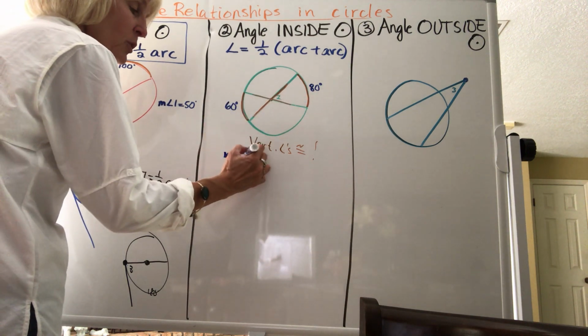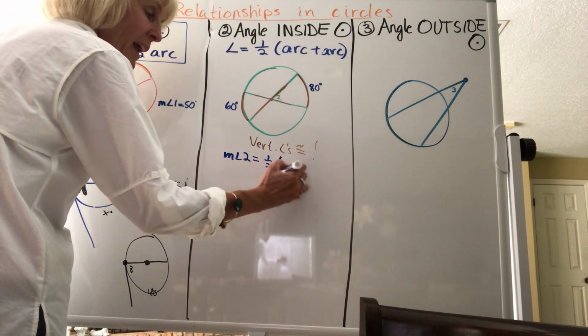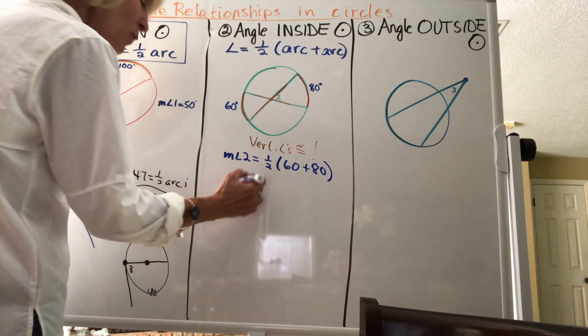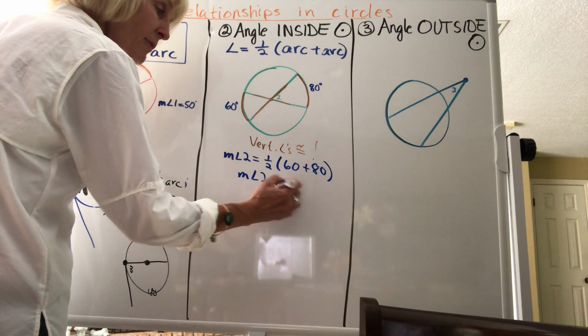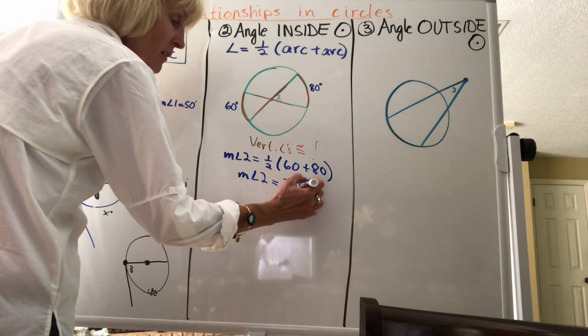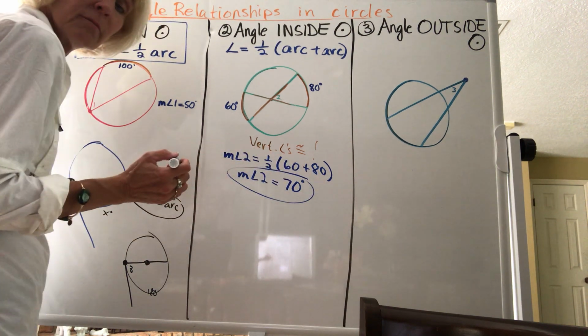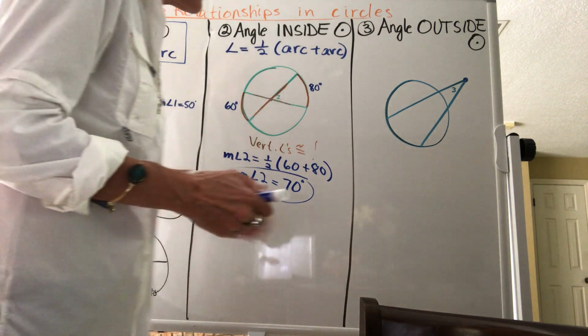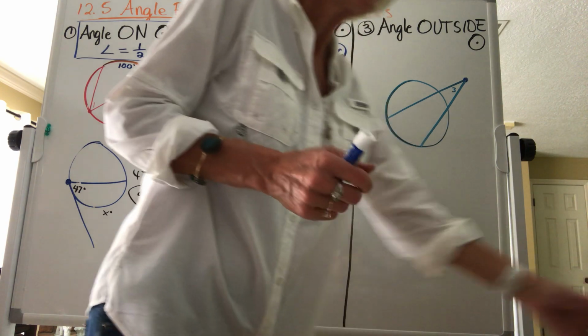So the measure of angle 2 would simply be 1/2 of 60 plus 80. So I'd say measure of angle 2 is half of 140, or it's 70 degrees. Makes sense. It's right in the middle between the two. Okay? So not too hard when our angles are on the inside.